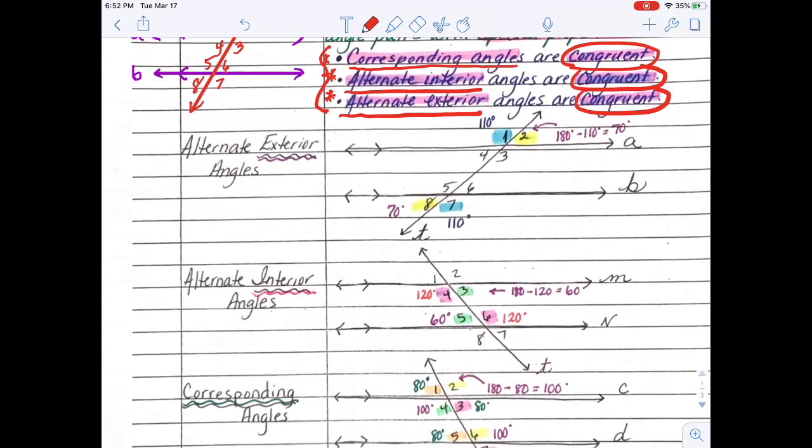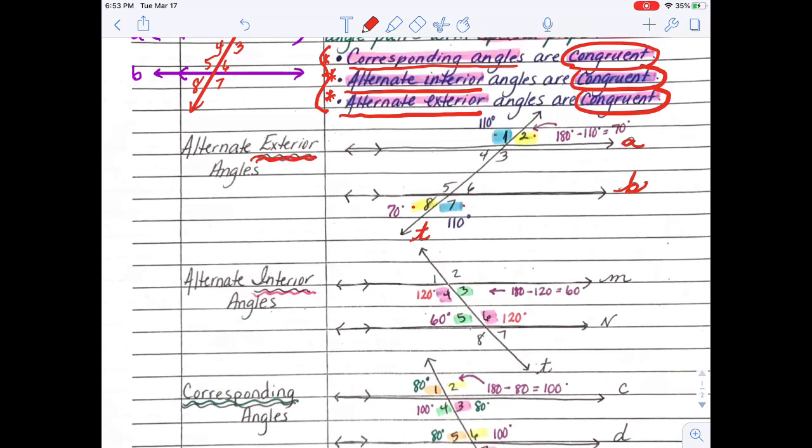First one we want to look at is alternate exterior angles. Exterior is the outside. So we're looking at these angles right here, 1, 2, 7, and 8. They're on the outside of the 2 parallel lines. Here's your line A, and here's your other parallel line B, and you can see that transversal, I named him T, is cutting through those 2 lines.